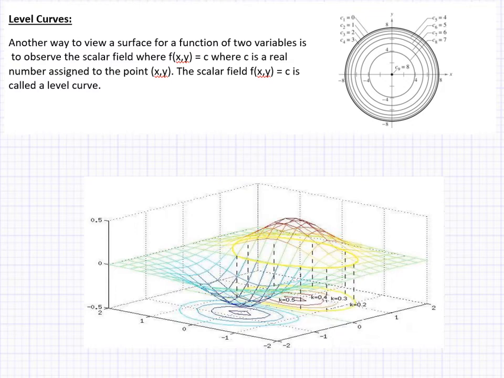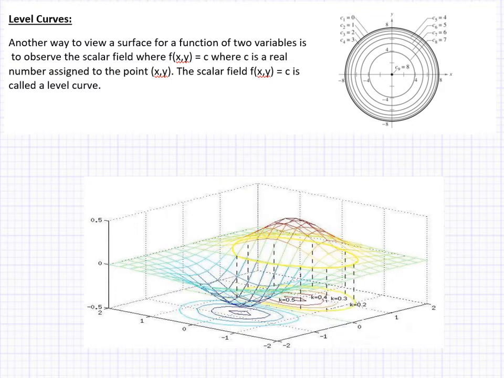So one way to get around this issue is with something called level curves. The idea here is to essentially flatten the 3D image down into a two-dimensional space.